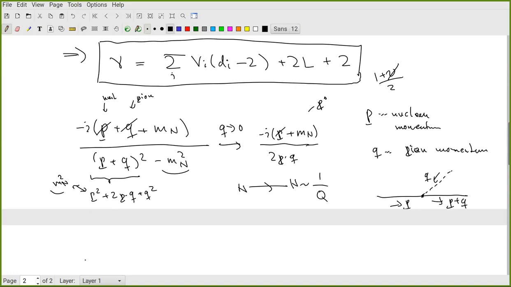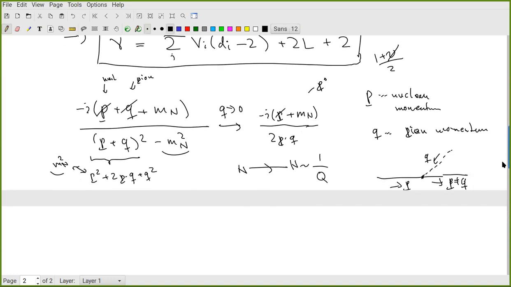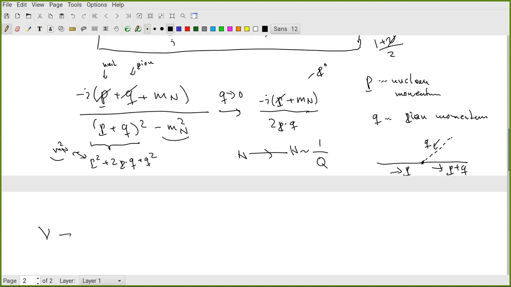Okay, so we generalize our formula. So now nu is given by a sum over i of v_i d_i. So that's just again the number of derivatives in the interaction vertices between nucleons and pions, or between pions.